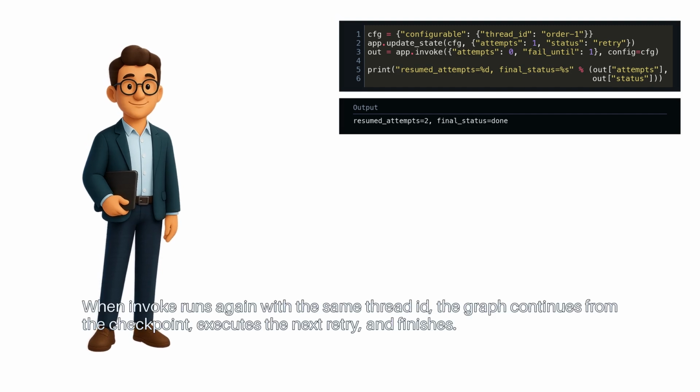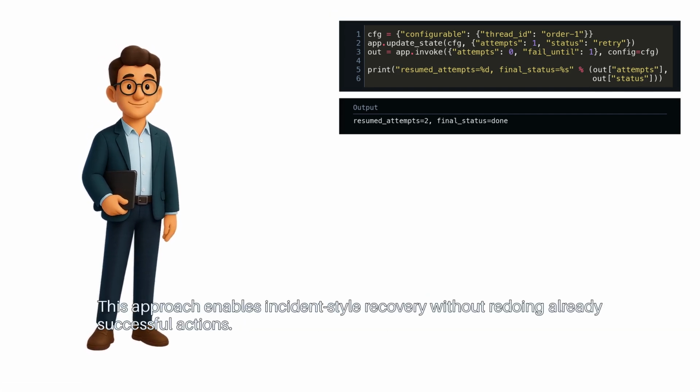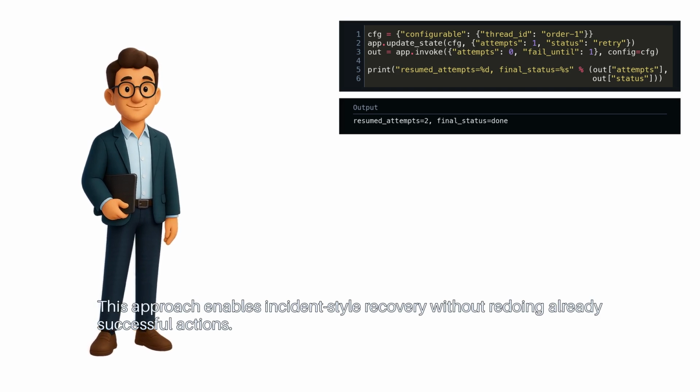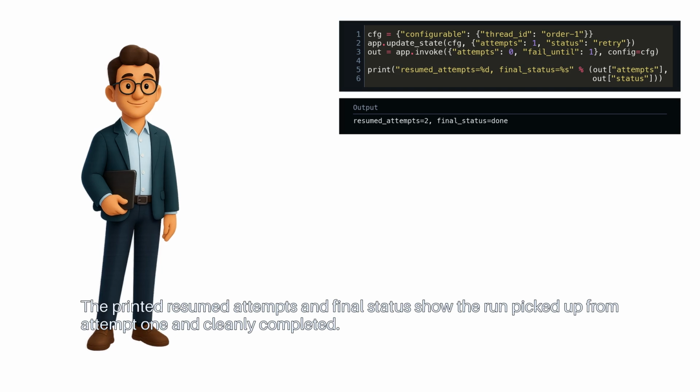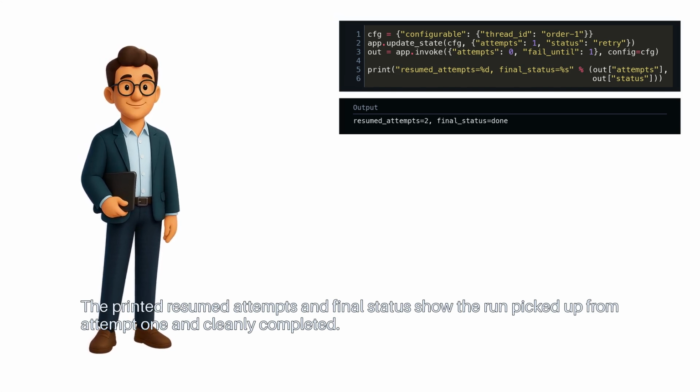When invoke runs again with the same thread ID, the graph continues from the checkpoint, executes the next retry, and finishes. This approach enables incident-style recovery without redoing already successful actions. The printed resumed attempts and final status show the run picked up from attempt 1 and cleanly completed.